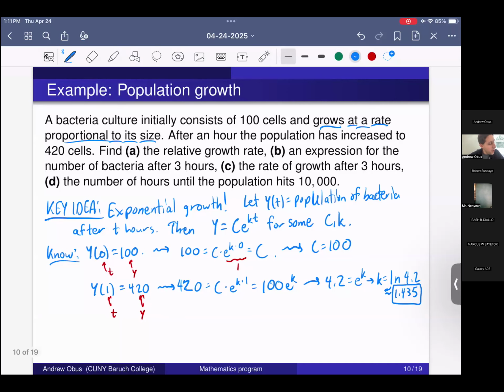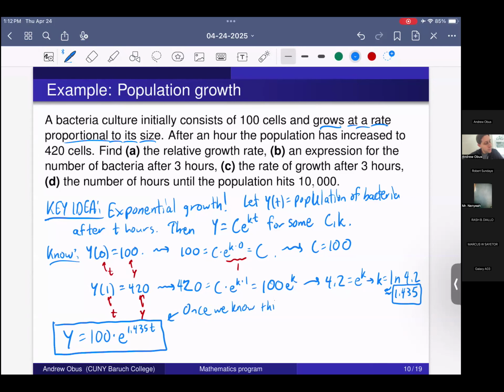And now we know that the function is y equals 100 times e to the 1.435t. Right? And the point is, once we know this, we can answer the rest of the question.